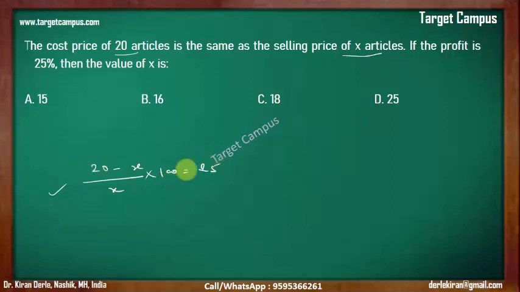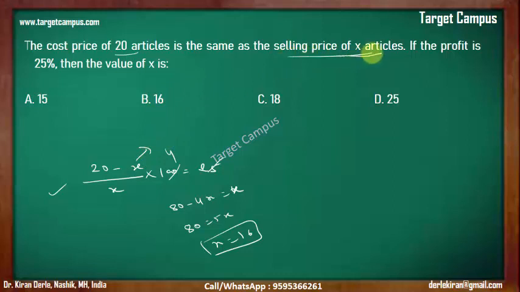So this would be 4, and this is 80 minus 4x is equal to x. By solving this, 80 is equal to 5x, x is equal to 16, right? So the selling price of X articles is 16. This is the direct formula we have already seen.